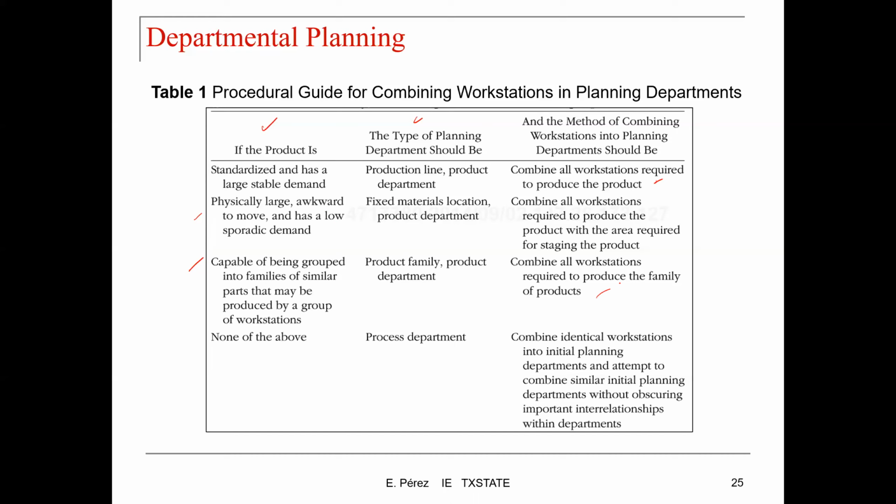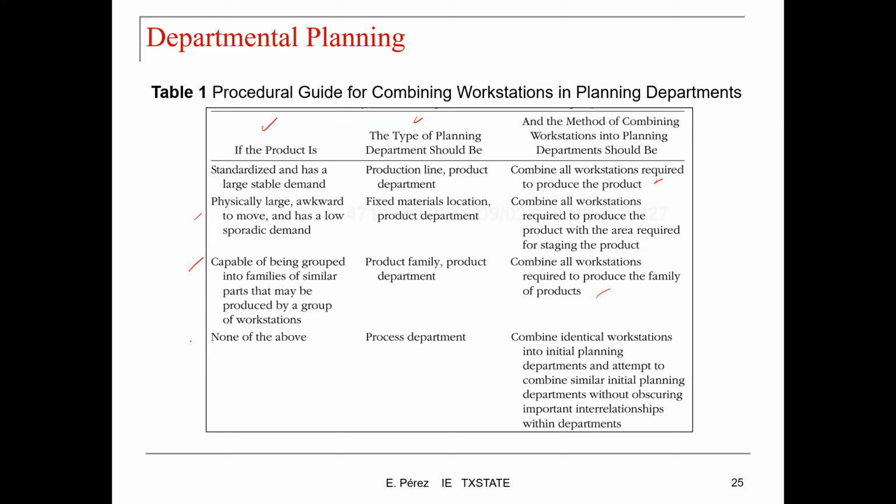So if you have one family, then you are going to combine all the workstations that are needed for that family. And if you have a separate family, then you have another group of machines or stations that are combined for that family.